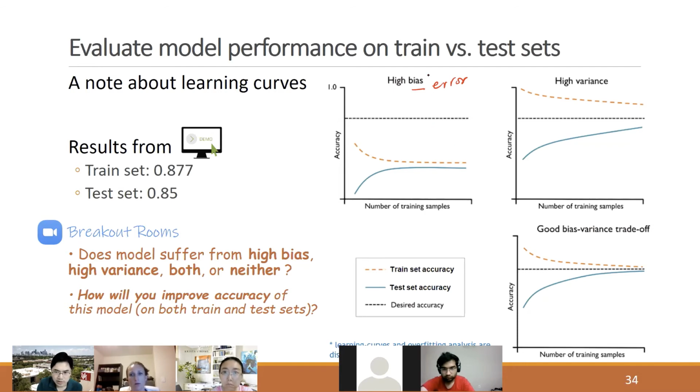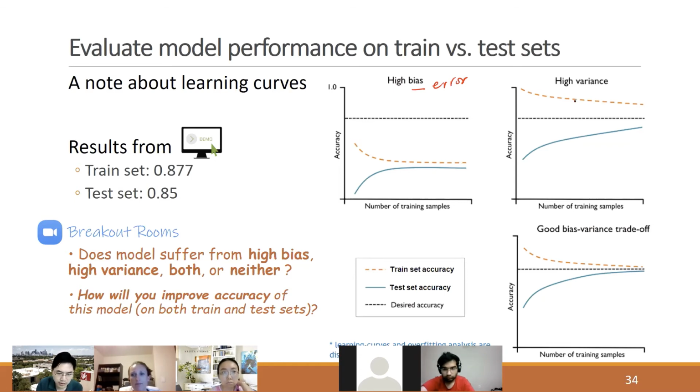So that's one scenario. You also have a high variance problem. What does that mean? That means your training set performance is very good. If you expect the model to perform 90% accurate, your training set is 90% or even higher. It could be 95%. It's possible with overfitting.